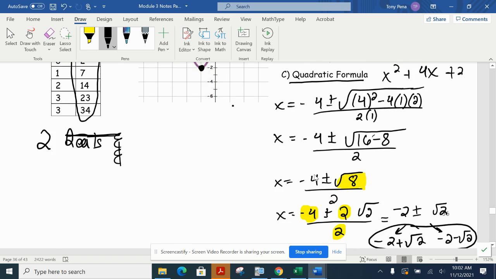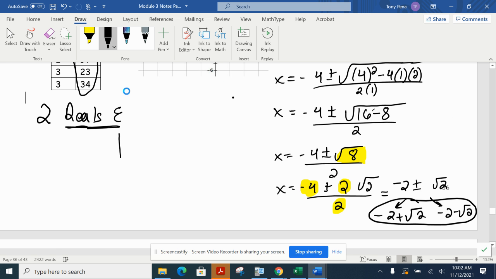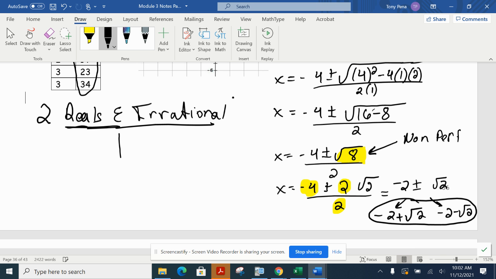That's not what we have here. These are 2 real numbers, and they are irrational. That's going to happen whenever, right here, this root 8, whenever we get a non-perfect square, we're going to end up with 2 irrational numbers. Okay, this is a heads up.